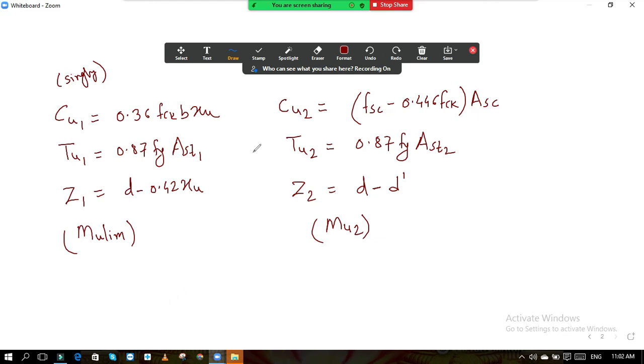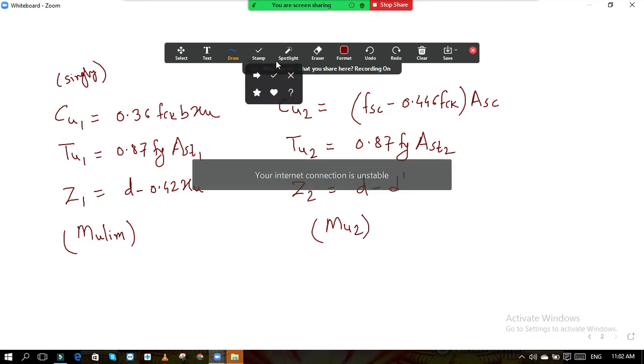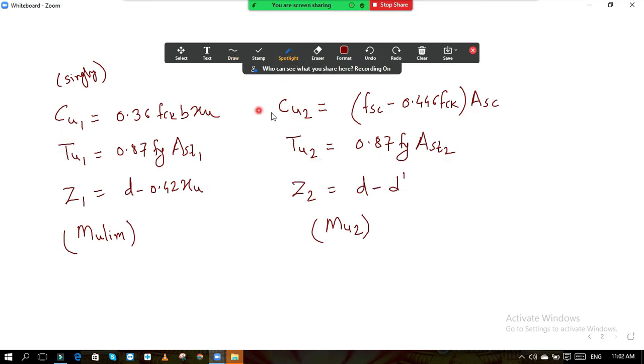So when you club these together, when I club Cu1 and Cu2, then I will get total compressive force. When I club Tu1 and Tu2, then I will get total tensile force. Okay, algebraic sum if I do of these forces, then I will get the total force. So I will write over here total compressive force.